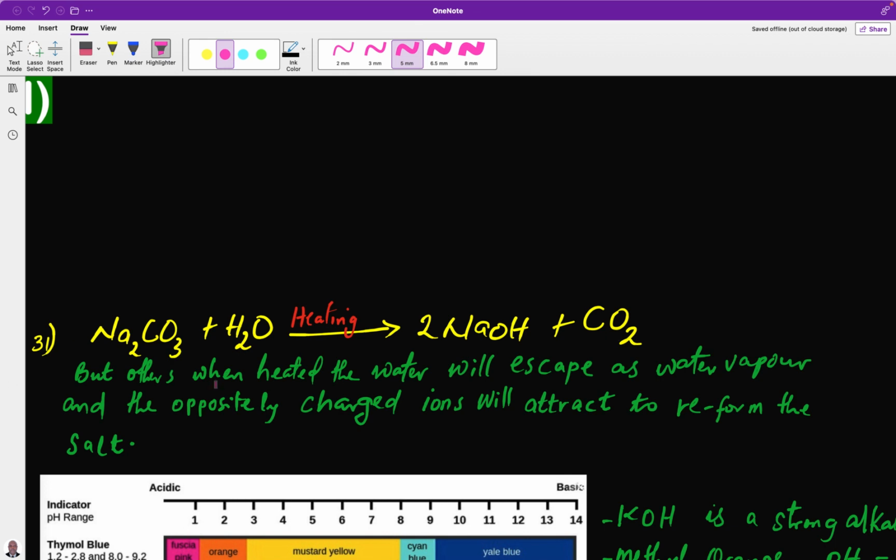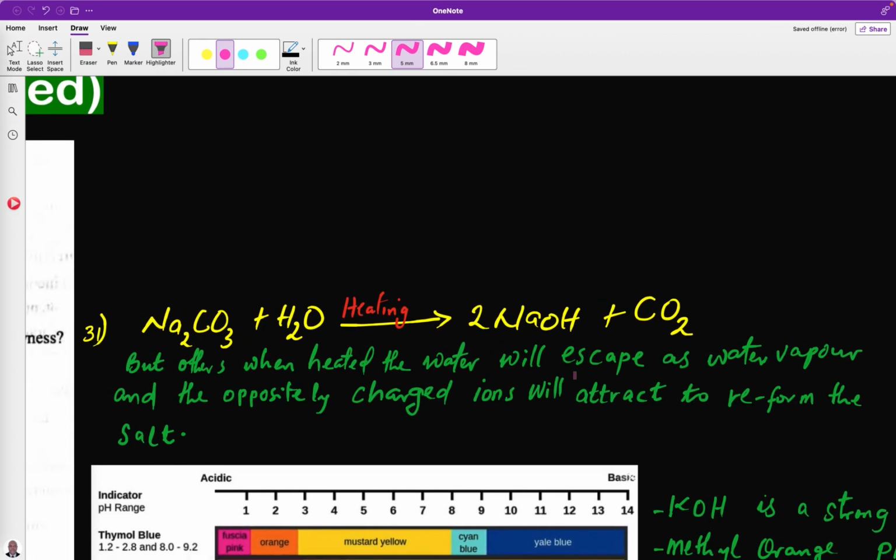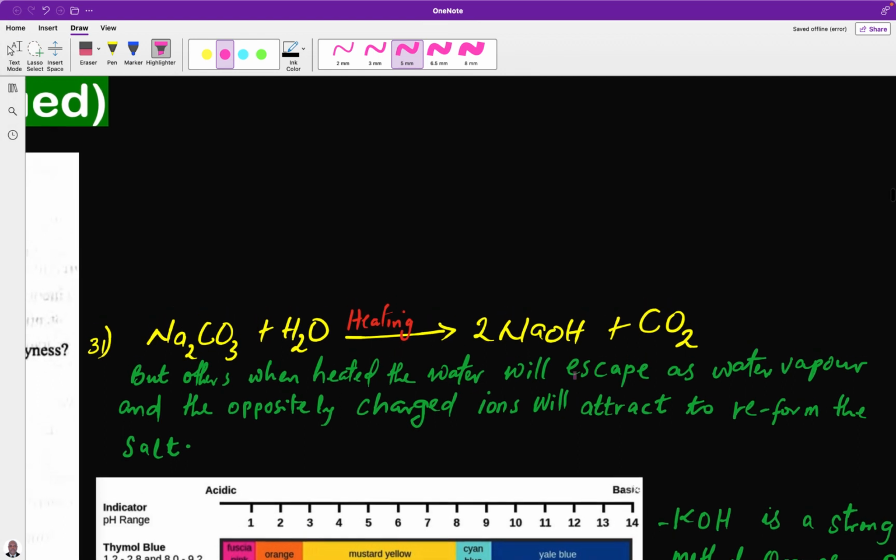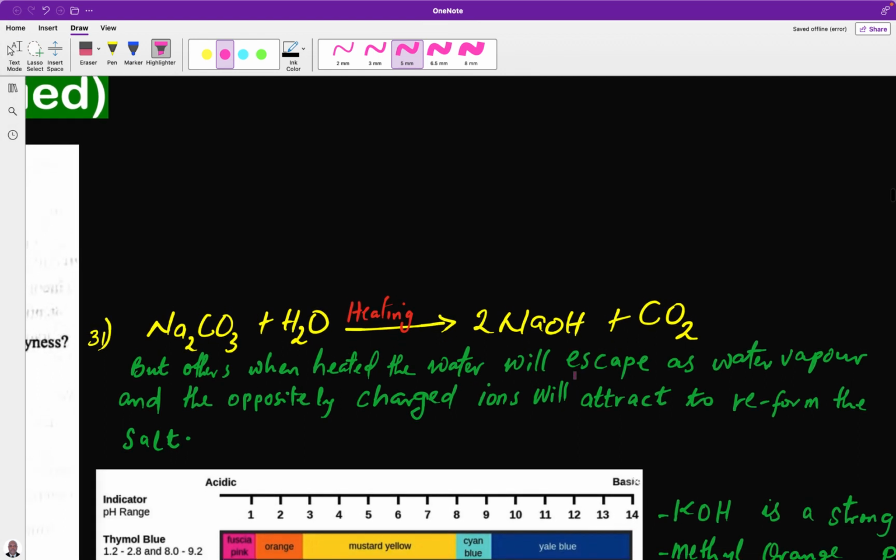But others, when heated with water, will escape as water vapor, and the oppositely charged ions will attract to reform the salt. So this one, the carbon dioxide, is going to escape into the atmosphere, and you cannot recover all the salt.